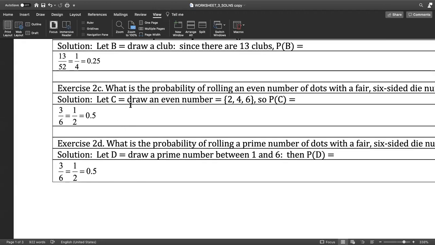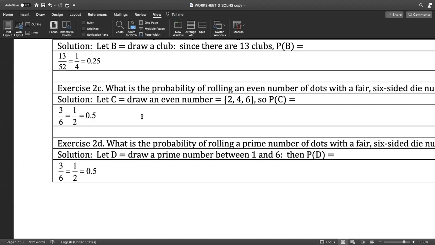And what's the complement of C? Well, C is draw an even number, so the complement of C is draw an odd number, and its probability would be 1/2 as well. Another way to think of the probability of the complement is simply to subtract from 1.